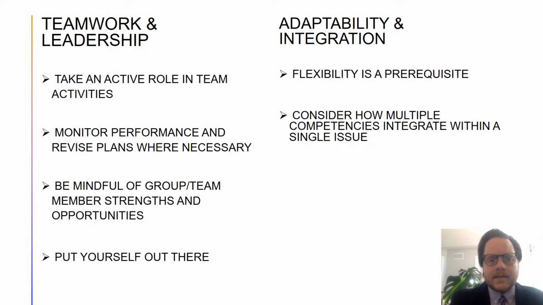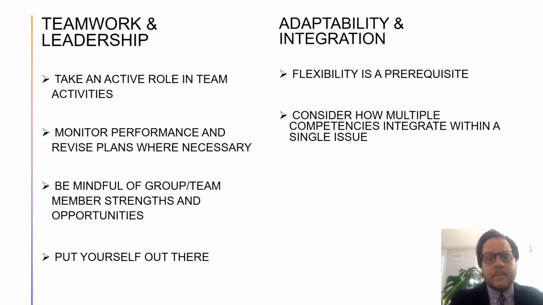And then again, as I mentioned before, you want to consider how multiple competencies integrate within a single issue. So if you're helping your client with a financial reporting issue, you may want to consider how that might affect an audit and assurance issue that might integrate with the financial reporting side of it. Or again, how are the taxes affected by whatever decision you might recommend?